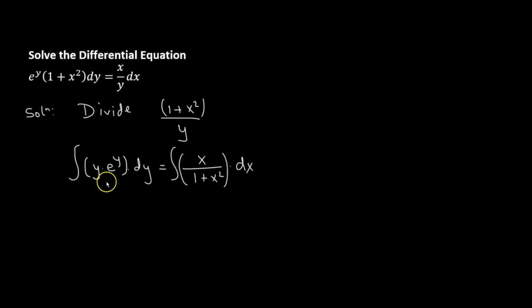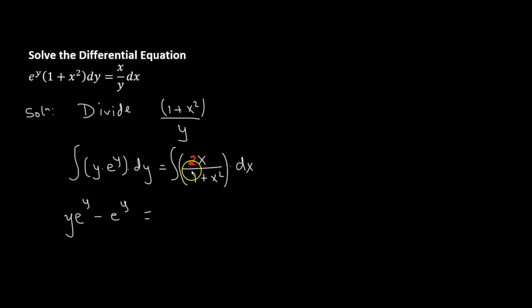To find the integral on the left hand side, we need to integrate by parts, and this should give us y times e raised to the power of y minus e raised to the power of y plus some constant of integration, but we will not write it on the left hand side. That will be taken care of by one single constant of integration at the end. This is equal to, so here we do a manipulation.